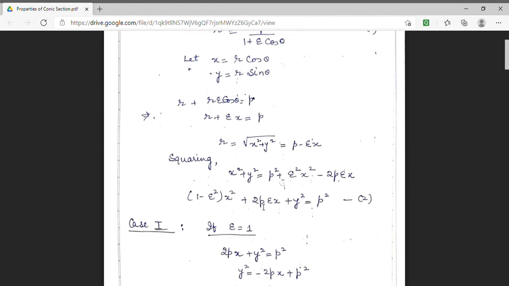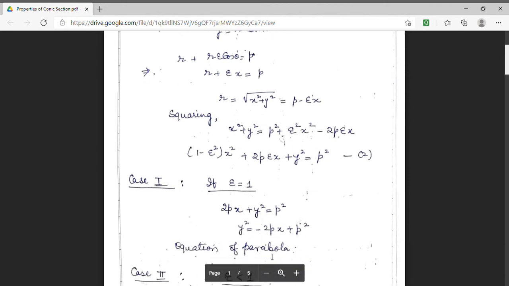It will be 2px plus y square equal to p square. On solving this, I get y square to be minus 2px plus p square. This is the equation of parabola. So if we have the condition of epsilon to be 1, then the shape of conic section will be parabolic.